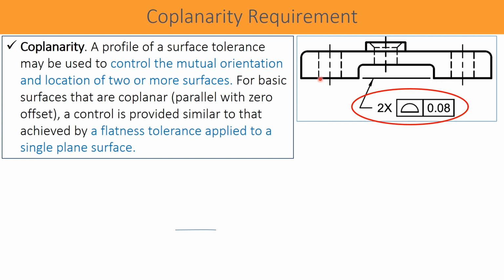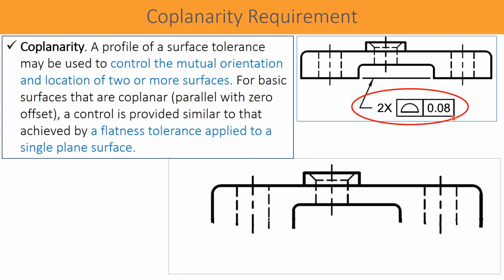Also, as they are oriented to each other within this 0.08, they are also positioned or located within 0.08. So applying the profile tolerance, both the surfaces are oriented and located within 0.08.